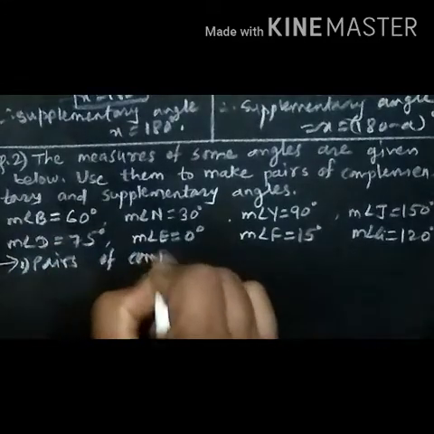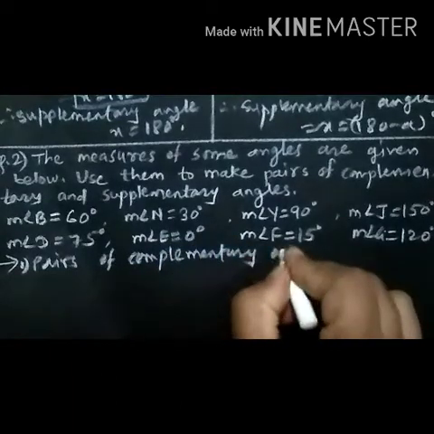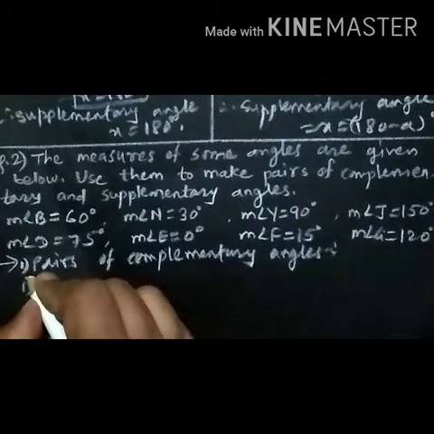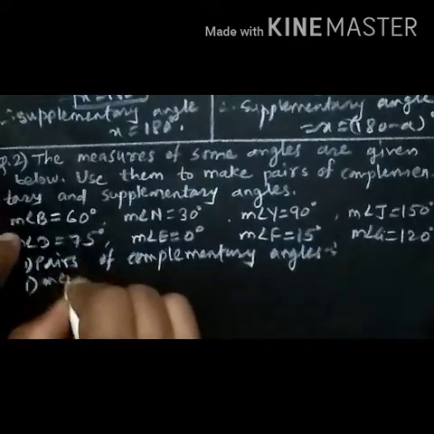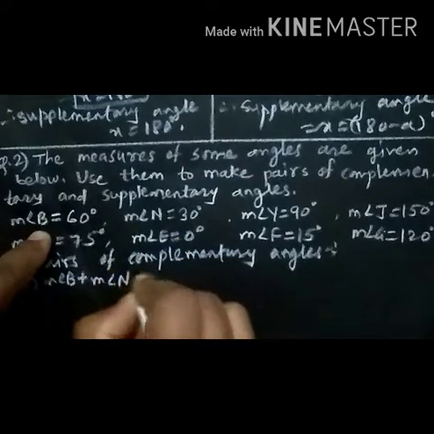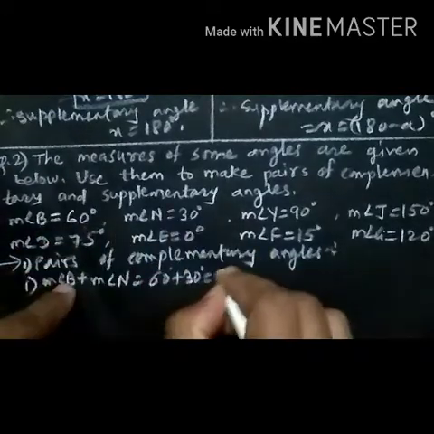So first we have to find pairs of complementary angles. Complementary angles means the addition of two angles is 90 degree. So first pair, see measure of angle B plus measure of angle N, that is 60 plus 30 is equal to 90 degree.